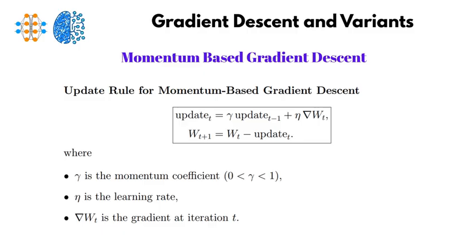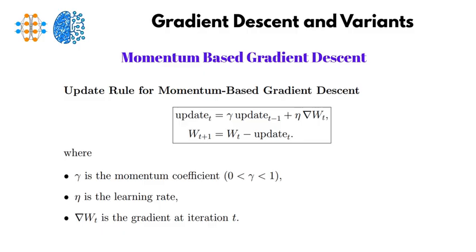So the current update is actually a combination of two pieces of information: the previous update controlled by gamma, and the current gradient controlled by the learning rate eta. This is the key behind momentum, where we're not starting every iteration from scratch. Instead, the optimizer carries forward some information from its previous movement.